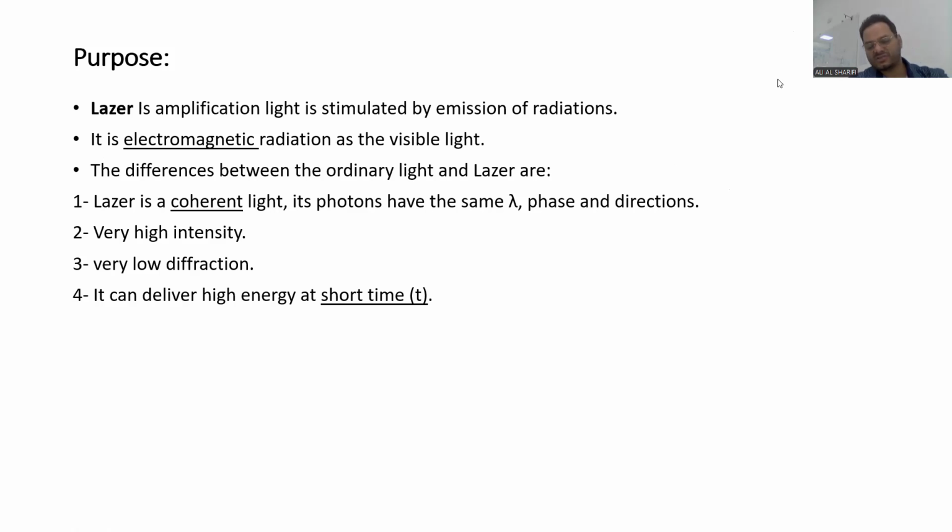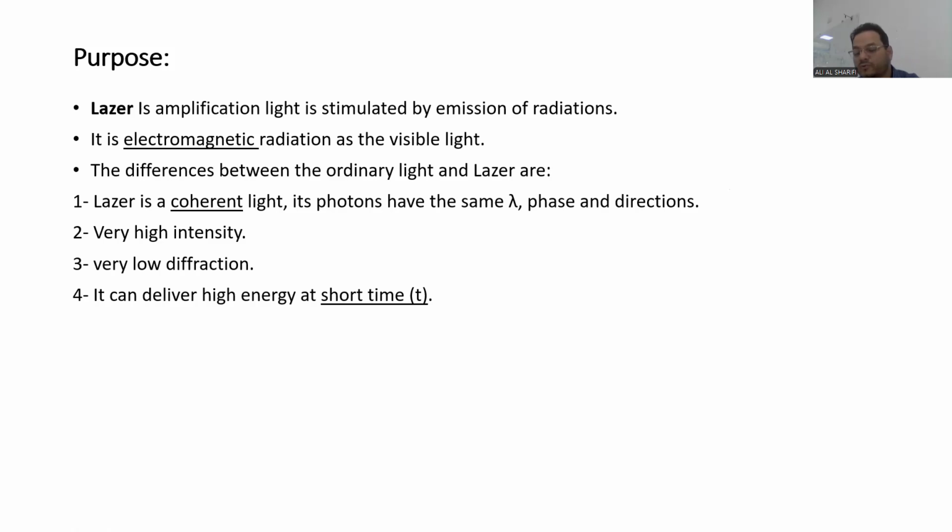Here, at first, let's talk about some important properties of this laser and why it's different from ordinary light. This laser is an amplification of light stimulated by emitted radiation. That means a lot of light with the same wavelength and the same direction, which can generate intensity like that.